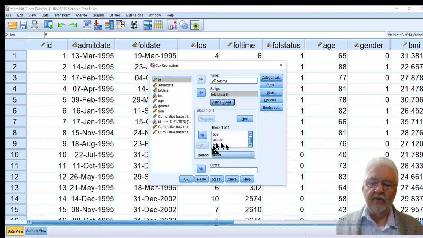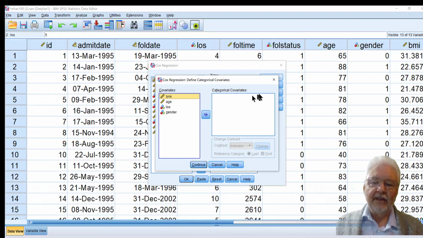We're going to just do it as entering into it. The only categorical data we have is gender, which we could go in and define here, but gender is already defined with just 0 and 1. When there's just two values labeled 0 and 1, there's really no need to do a categorical variable.